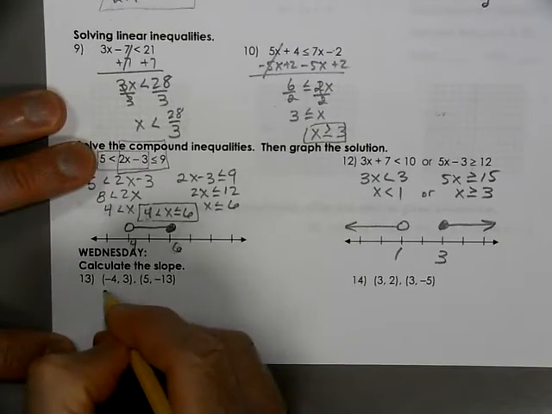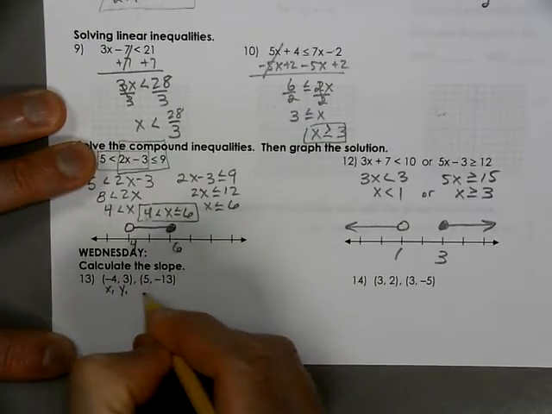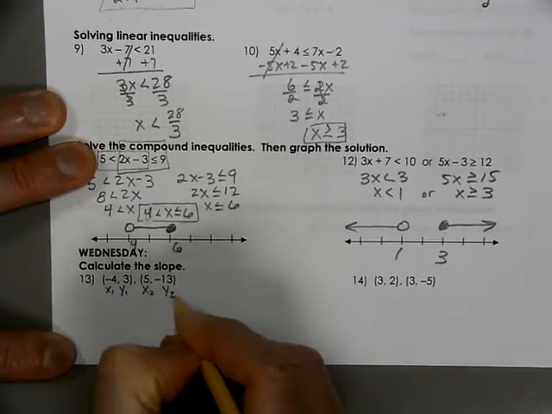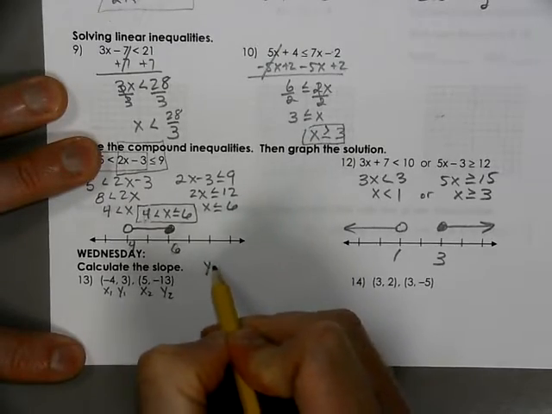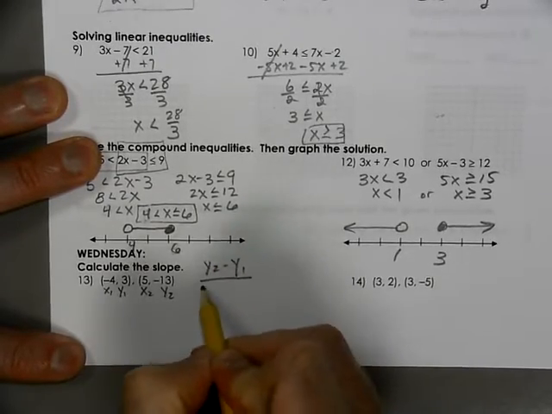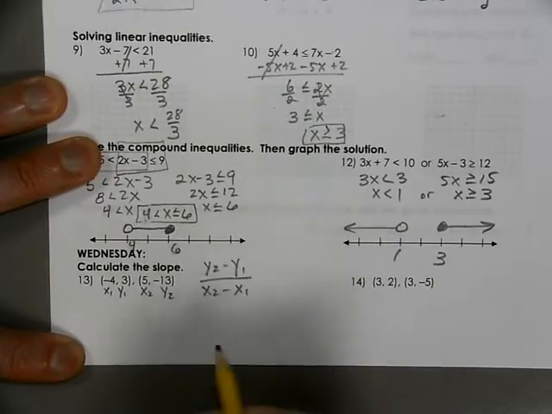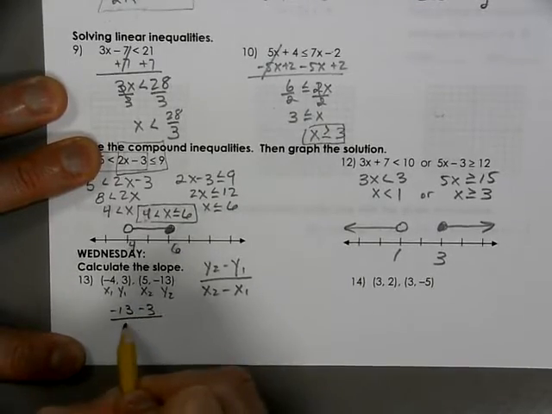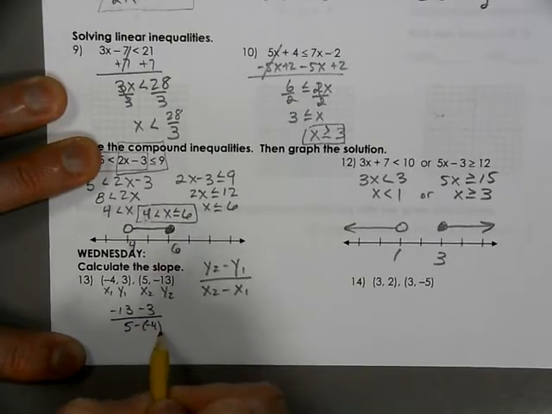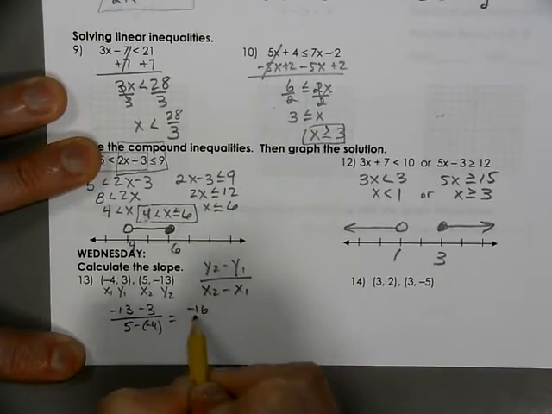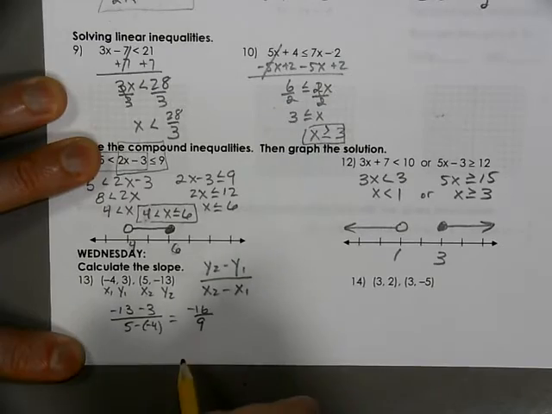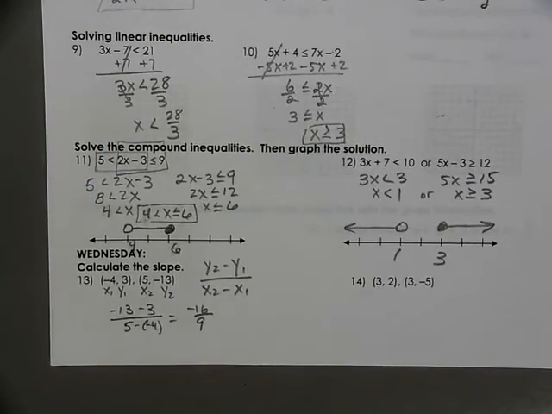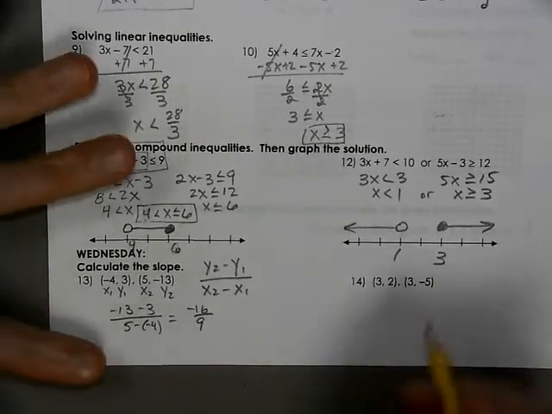Next, we're going to be looking at slopes. Using our formula, our slope would be negative 16 over 9.